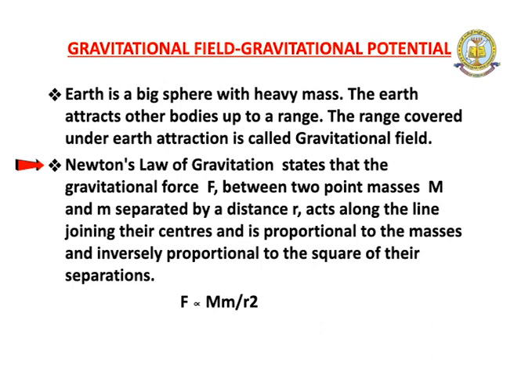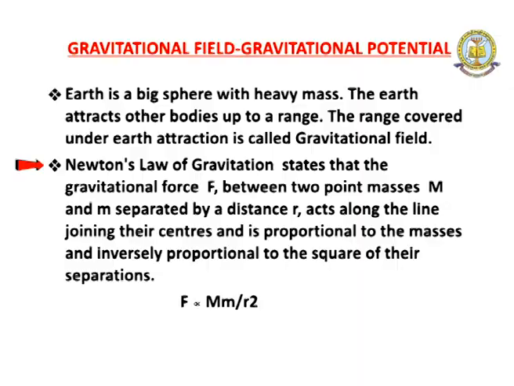Newton's law of gravitation states that the gravitational force between two masses, capital M and small m, at a distance r, is proportional to the product of small m and capital M, and inversely proportional to the square of the distance between the two masses. So F is proportional to 1 by r square.